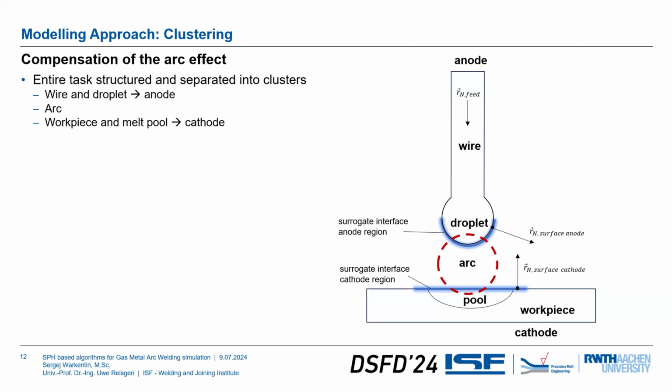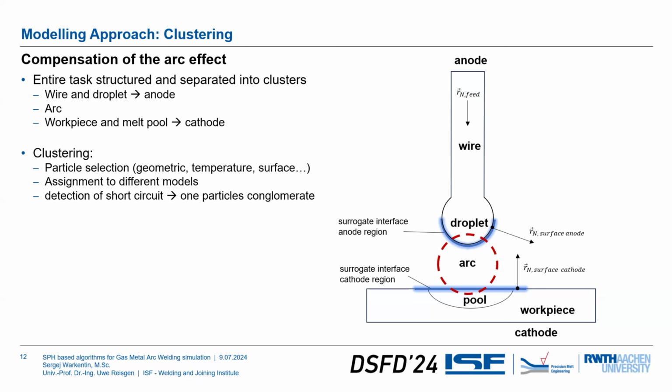But in the actual implementation, we cannot calculate the arc directly because of the high ratio of the density change, and so we will use some models to implement the arc effect on the process.